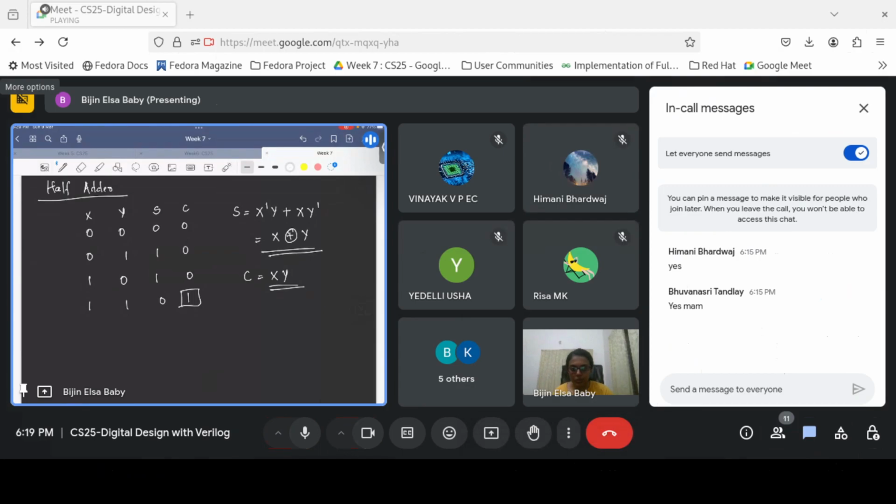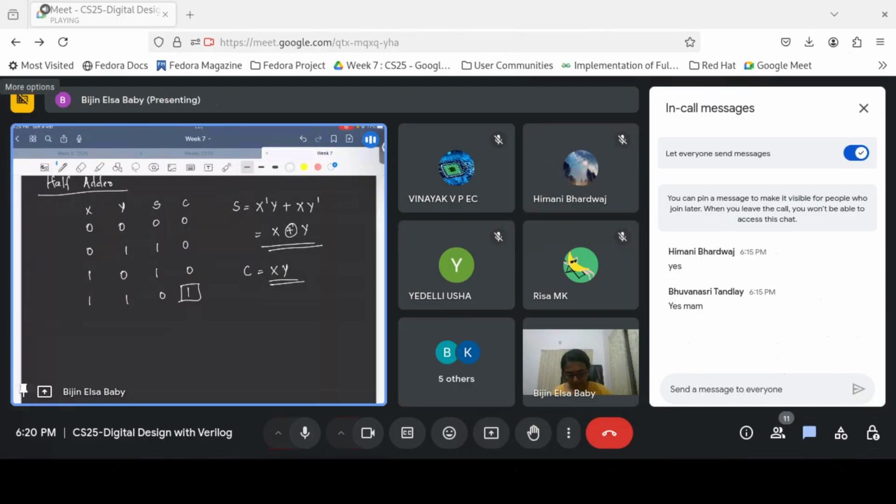You will have two inputs with a single bit. Now our aim is to create an n-bit adder.